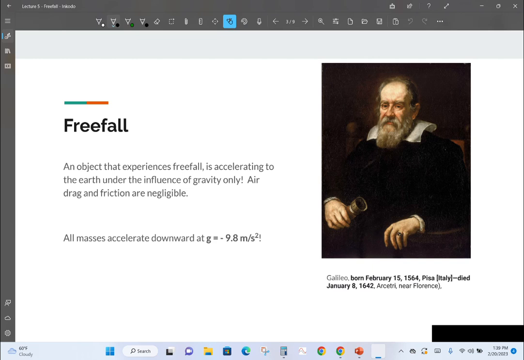Now let's talk about an object in free fall. By definition, an object in free fall is something that's just falling due to gravity. In these problems, we're not going to worry about an object that is experiencing any appreciable air resistance or friction. The only thing is gravity is pulling down on it.